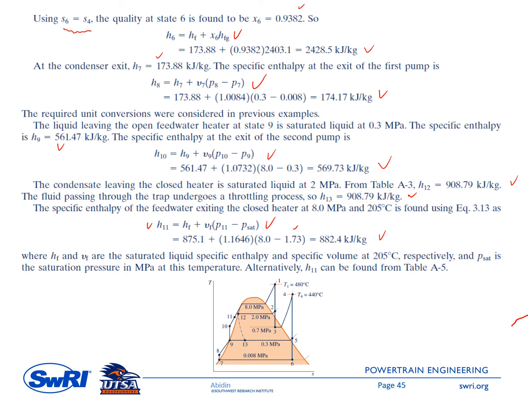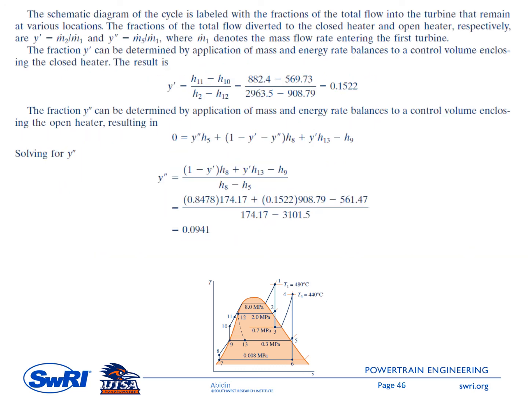It is 882.4 kilojoule per kilogram. Okay, so we have got all properties here. As I mentioned to you, either you use this formula or you can use table A5 to estimate the enthalpy at point 11. So we have got all state properties here, and we are ready to get the solution for each question.